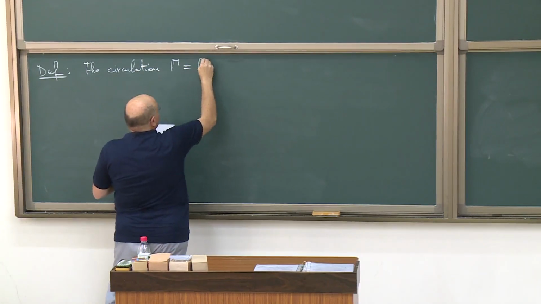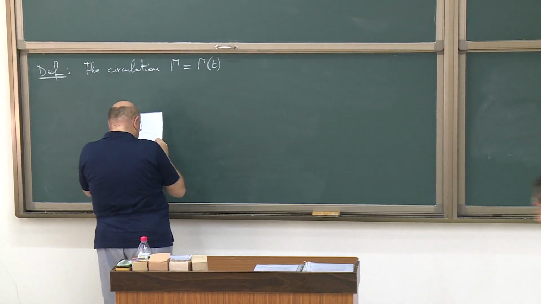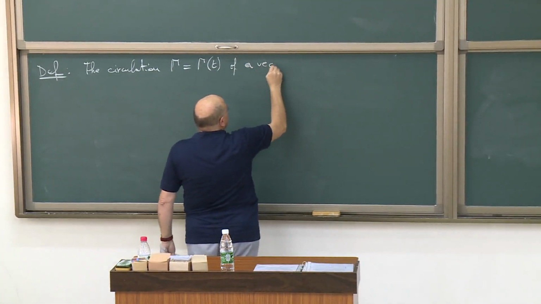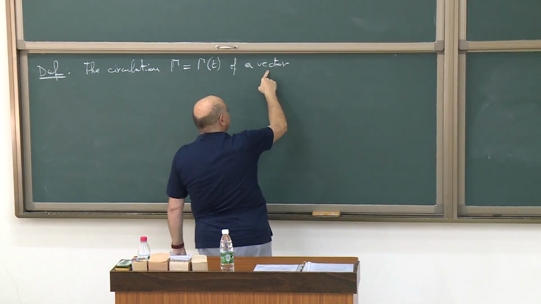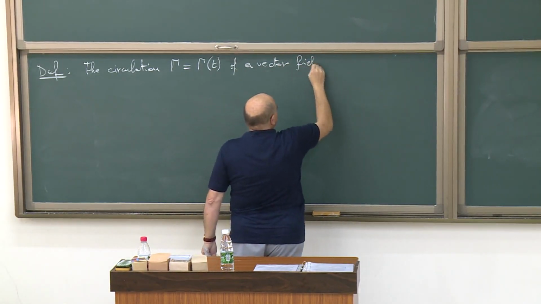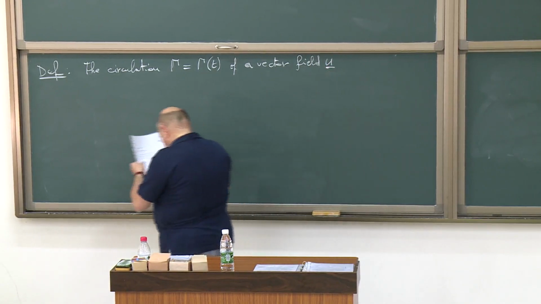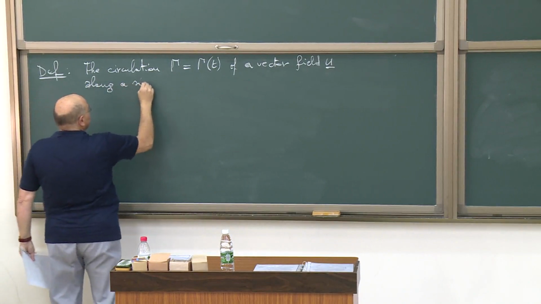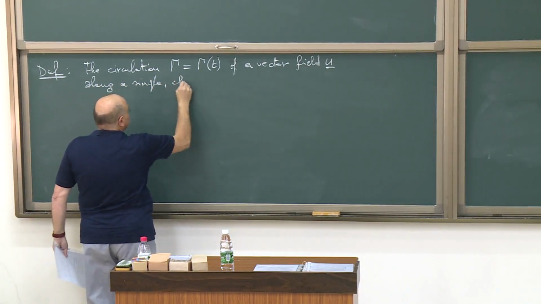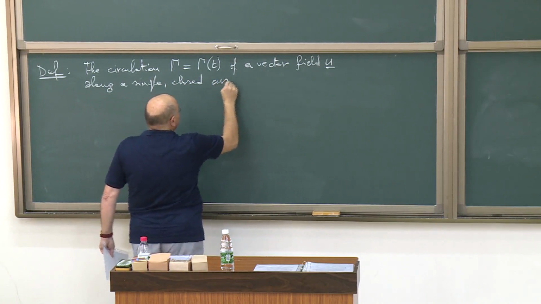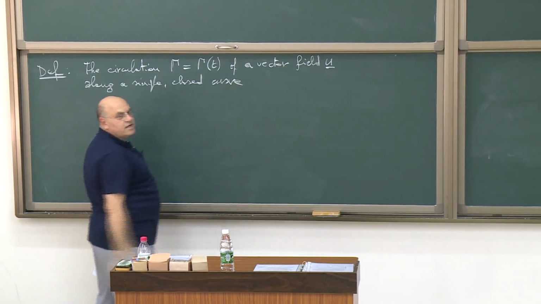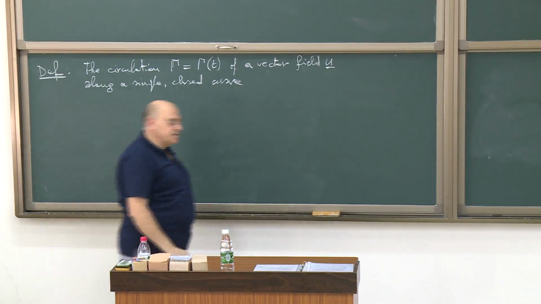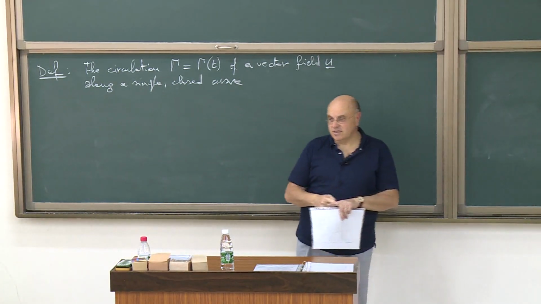In general, we may think of gamma as a function of t, of a vector field, which will be the velocity in a moment, u, along a simple closed curve. Remember, a closed curve in mathematics is called a circuit. Simple in mathematics means no self-intersections.